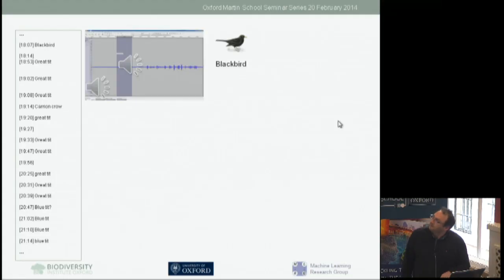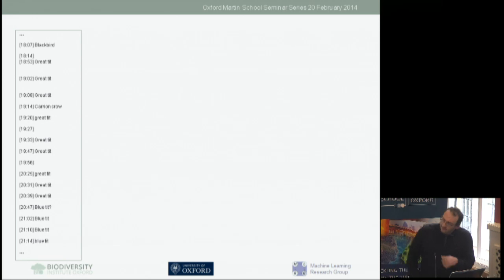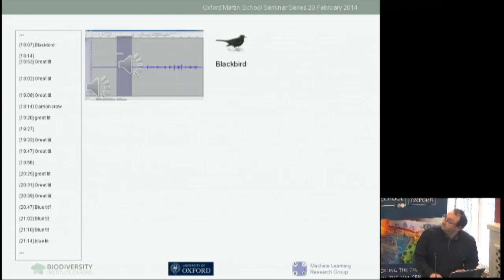We actually recorded vocalizations from these 11 species. As we were walking around, I was recording on a mobile and keeping notes of what we were recording. So, for example, we had just a snippet, something like that.